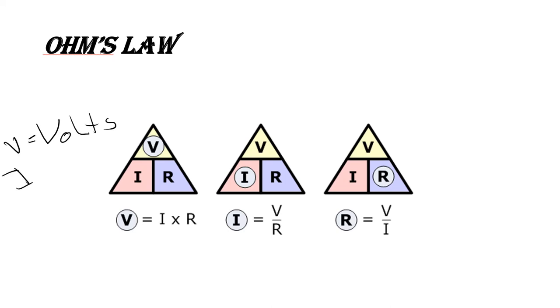I stands for amps. And R stands for resistance. Wow, that's an awful omega. All right, so using this, we can find any value in a circuit that we want.